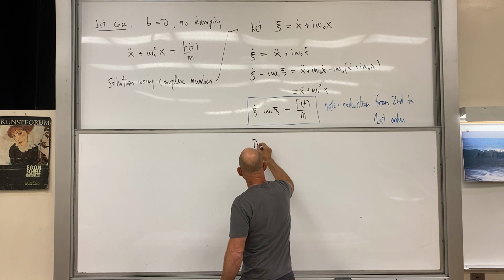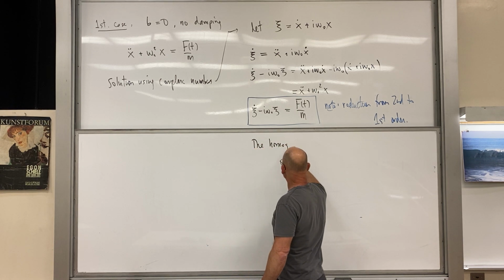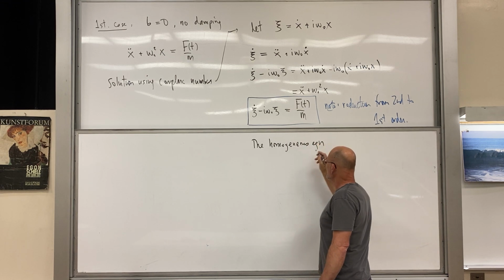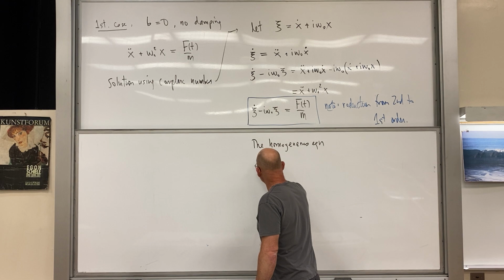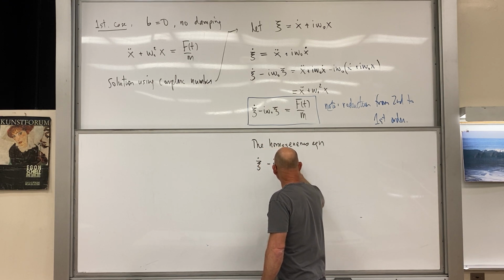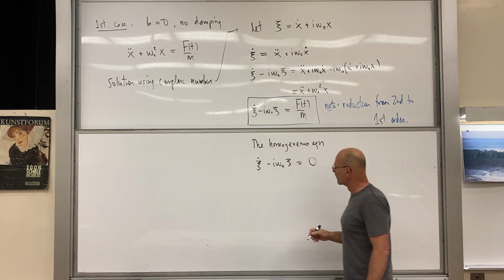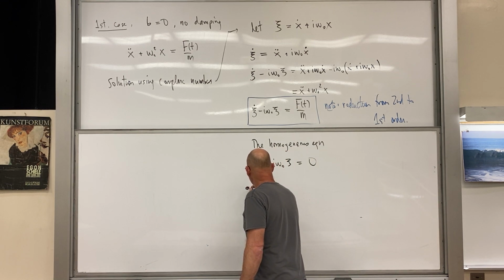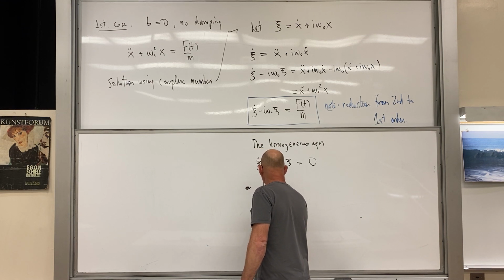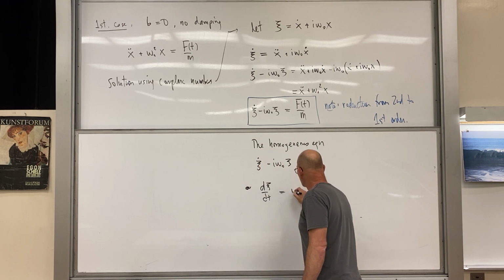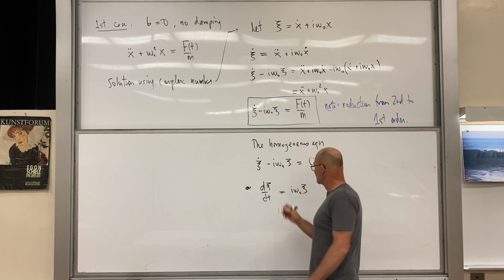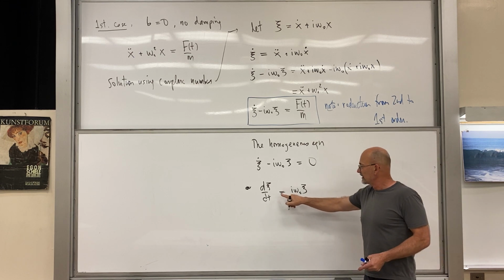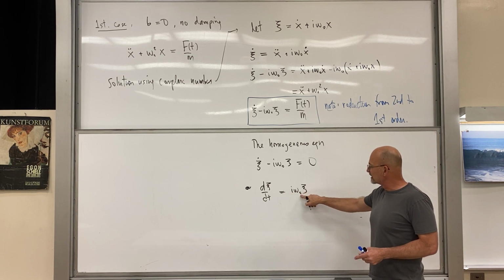The homogeneous equation would be C dot minus i omega naught C is equal to 0. Well, what's the solution to that? dC/dt is equal to i omega naught times C, you recognize what we've just been talking about. Linear differential equation with constant coefficients.